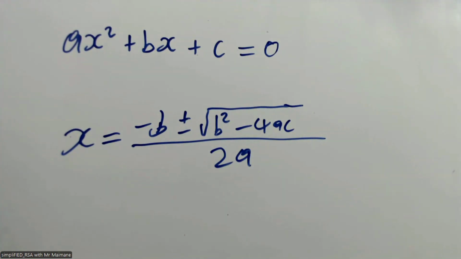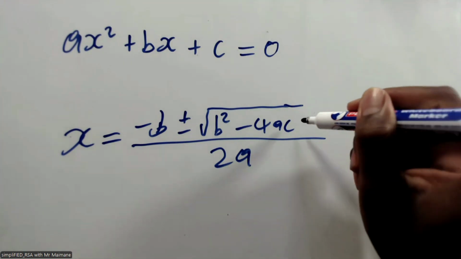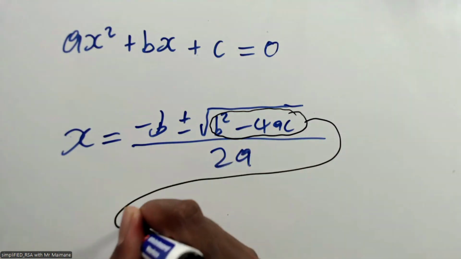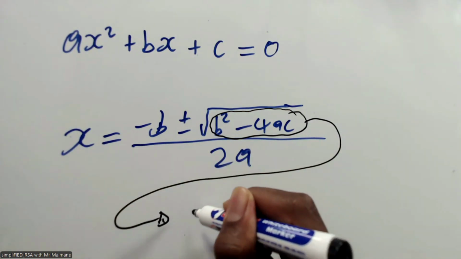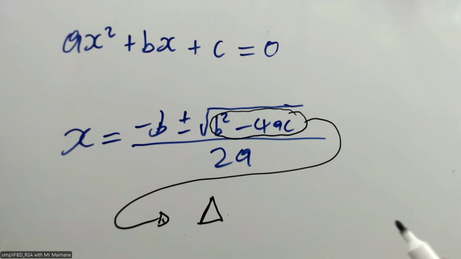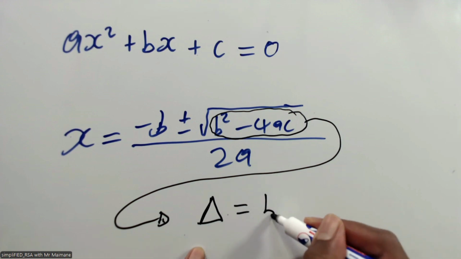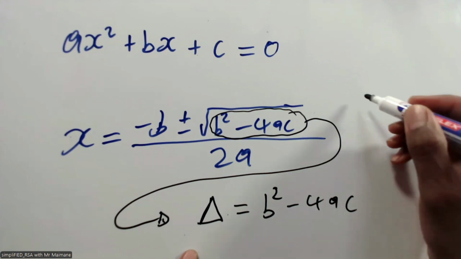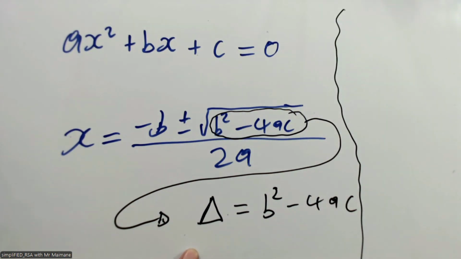To analyze the nature of roots, we analyze this part here. We call it our discriminant, and we denote it by delta.